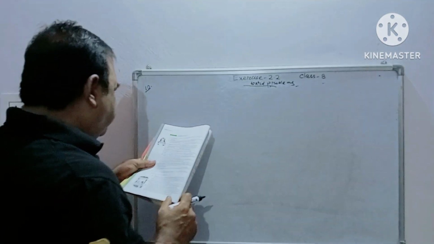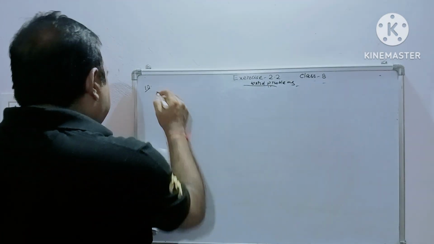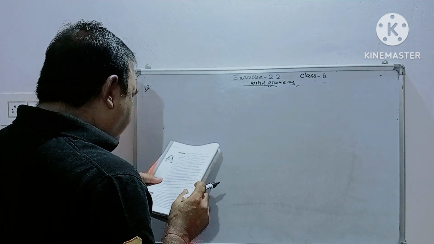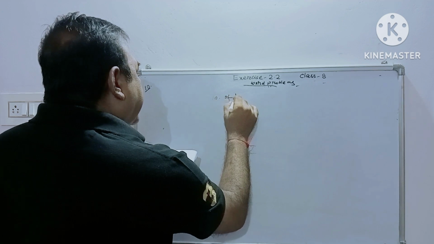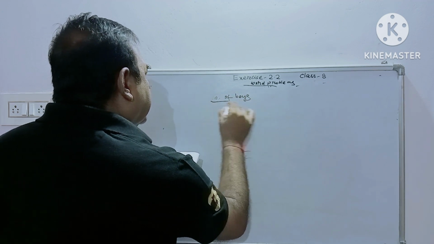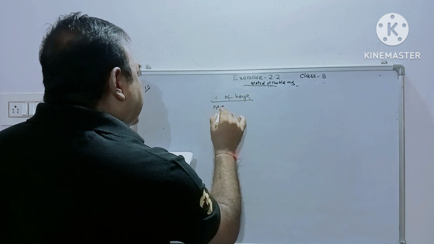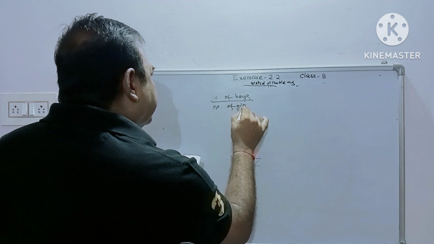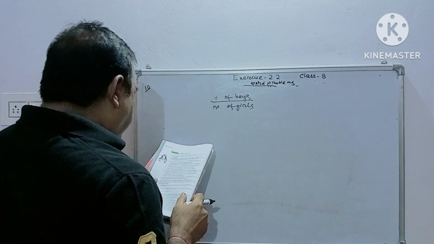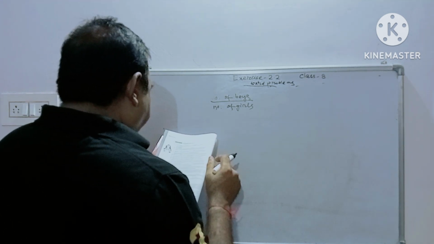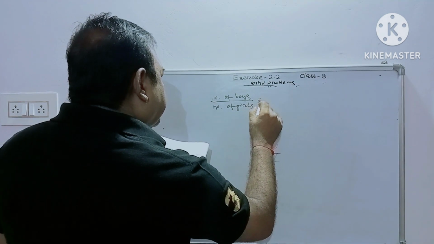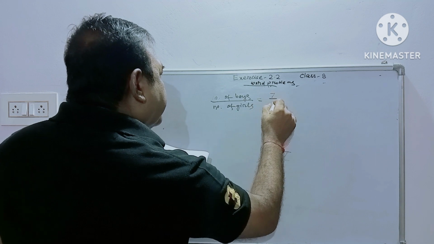So you see, question number 10, the number of boys and number of girls. This is the information you will have to write. The ratio of number of boys to number of girls is equal to 7:5.